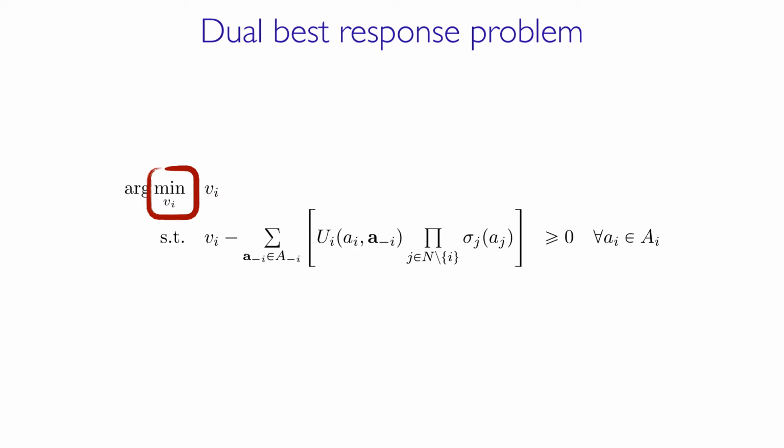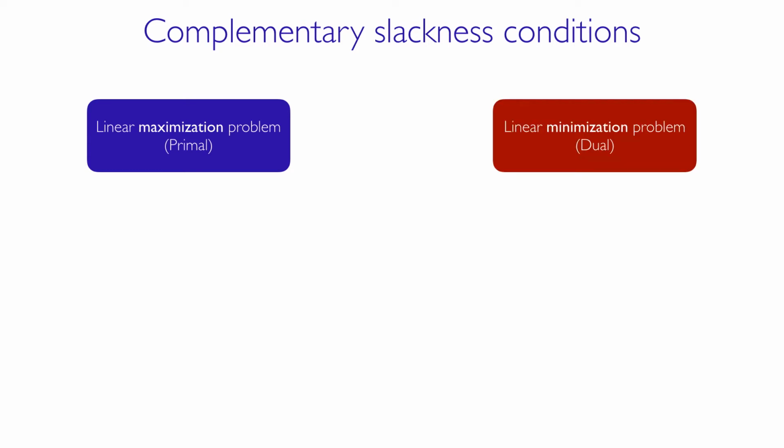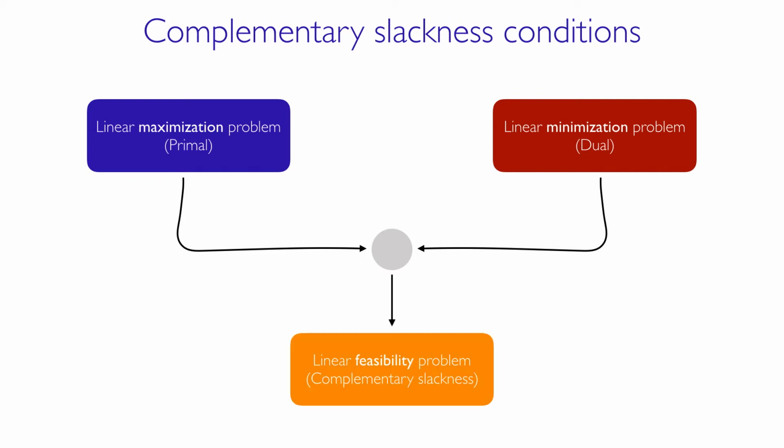In order to produce a problem that we can solve, we do the next steps. Start from the primal linear maximization problem. Consider also the dual linear minimization program. We can combine them using the complementary slackness theorem, obtaining a set of constraints without any maximization and minimization.